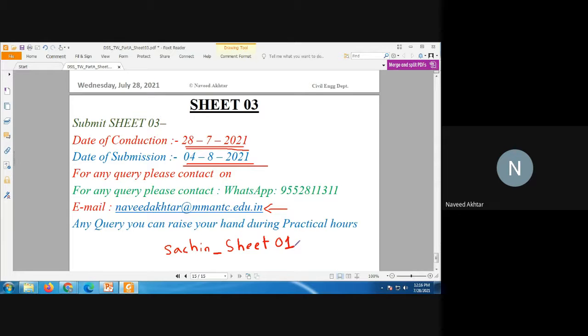It is not 1 credit. You should remember that it is 2 credits, and theory is 3 credits. So 3 plus 2, 5 credits are there, and you can score more than 80 to 90% marks if you join the lecture and practical classes regularly.